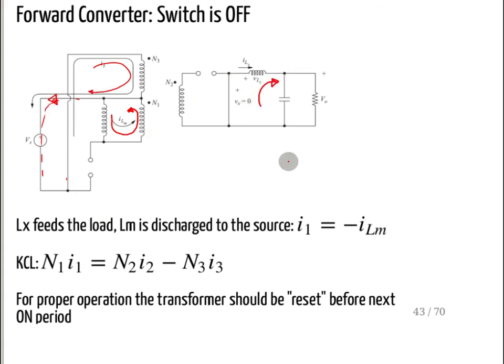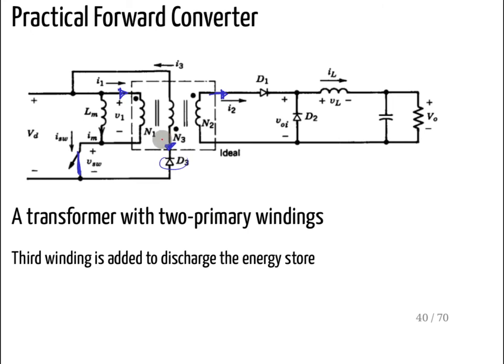LM is discharged to the source, and I1, remember, I1 getting into that one, is equal to now minus ILM. So I need to write the Kirchhoff current law, or you can think from the magnetics, like N1 I1 is equal to N2 I2 minus N3 I3, because of the polarities of all these three.